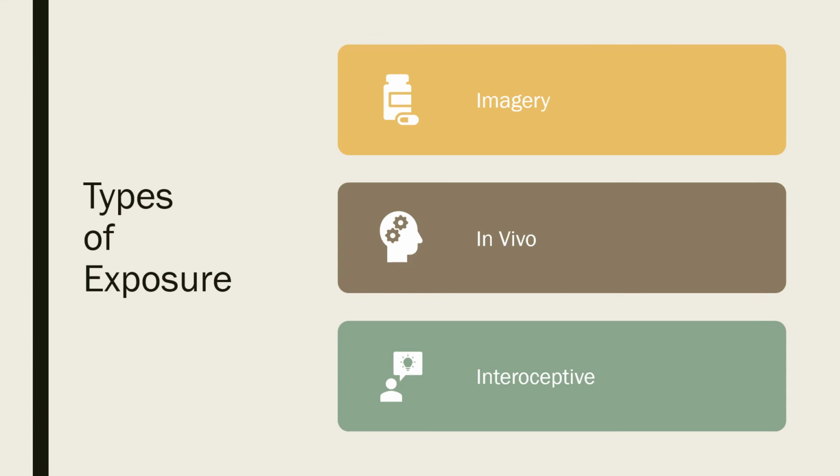So interoceptive exposure intentionally creates situations that will trigger physical reactions that are very similar to the symptoms of anxiety, and by repeatedly exposing your clients to these physical reactions, you gradually help your clients to understand that these physical reactions can happen and they're not really as dangerous and catastrophic as they believe.